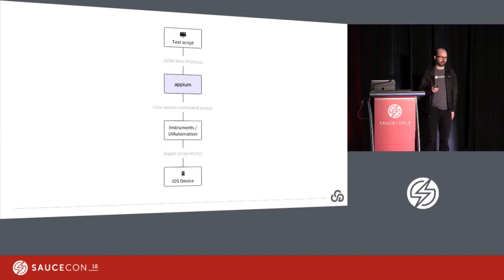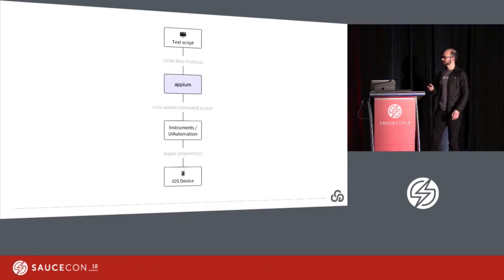I mean, you don't really know how it works under the hood. But the little lines here have text on them to say this is how the communication happens. So we had JSON wire protocol between the test script and Appium, and then we had a very hacky Unix socket-based command queue to essentially shove commands into Instruments in a way that it was never designed to do.